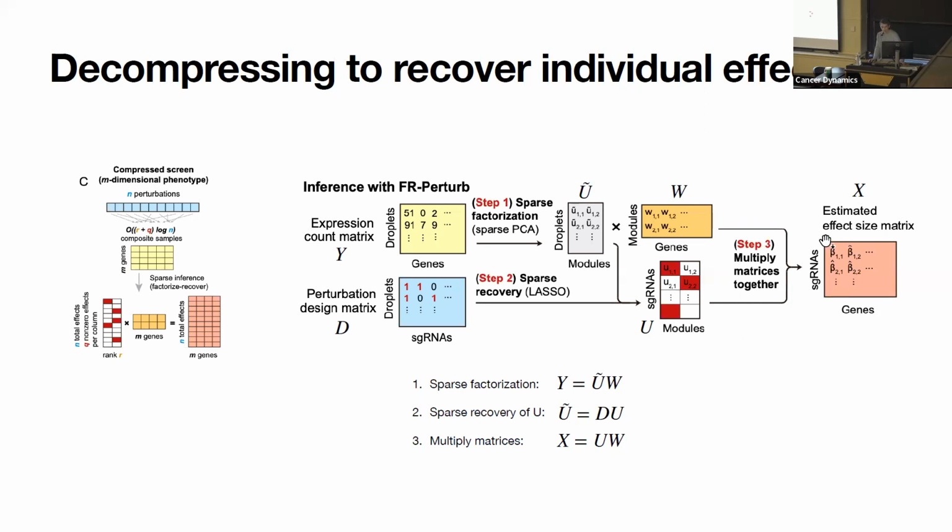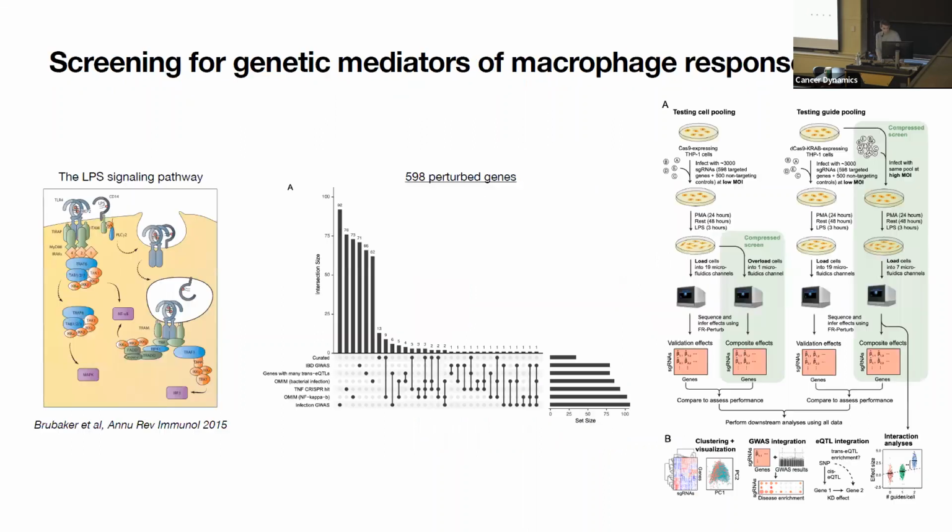Then if we want to recover the normal estimated effect size matrix, which is the effect of every perturbation on every expressed gene in the genome, we just take this U matrix and multiply it by this W matrix. That gives us the normal outcome of a perturb-seq experiment.